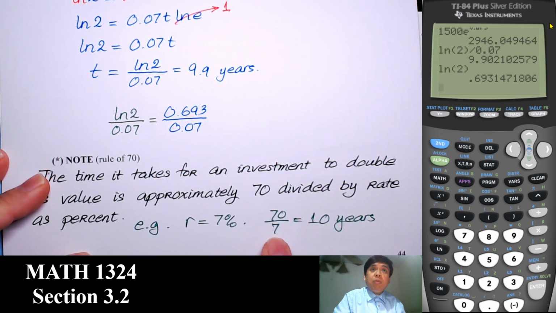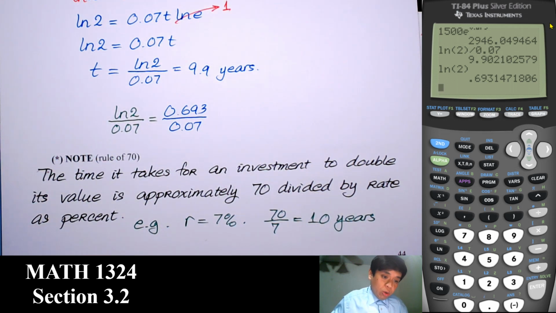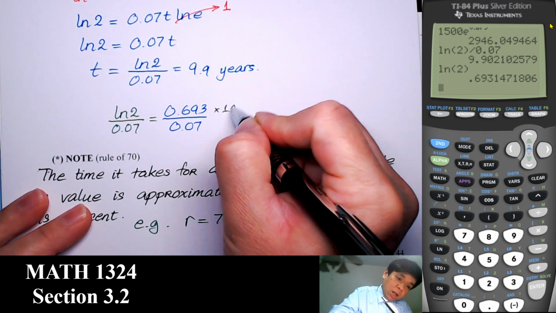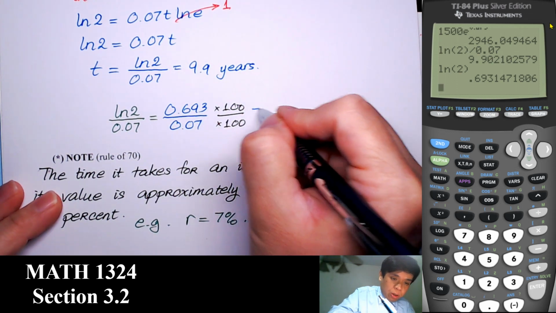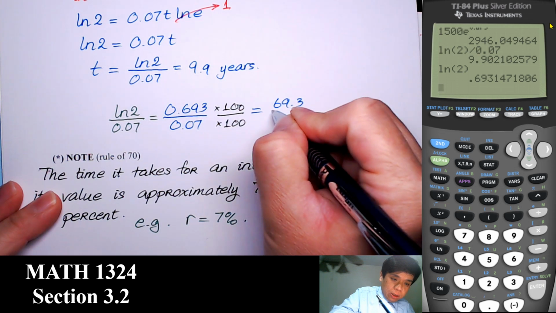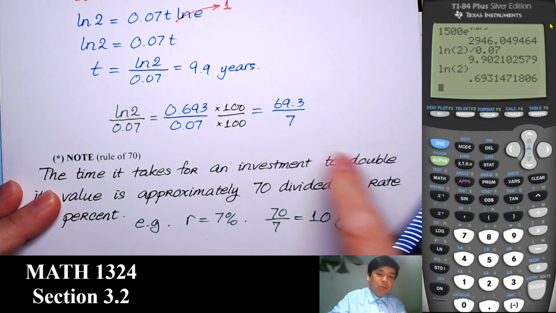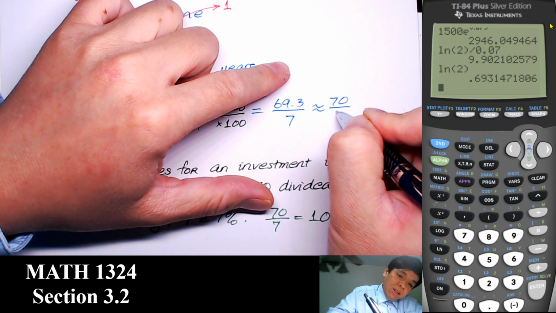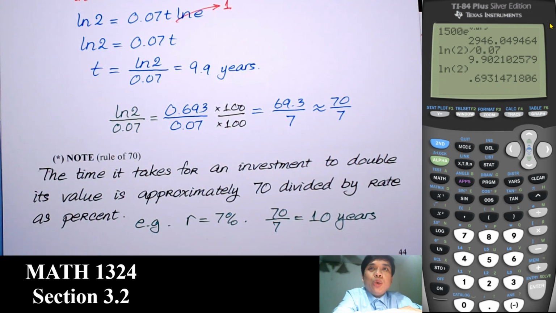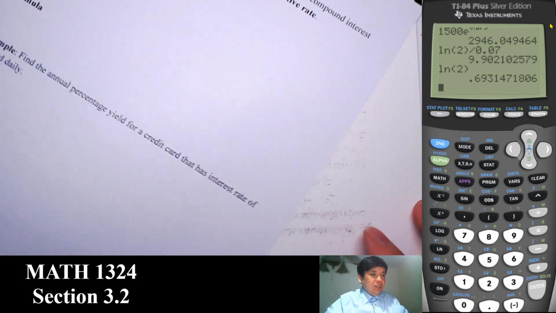Now notice we divide by 7, not 0.07. So we can multiply by 100 top and bottom. So you have 69.3 over 7. So this is approximately equal to 70 over 7. Then of course we should say that is the rule of 69.3. But it doesn't have a nice ring to it. So I said round that to 70. Therefore we have the rule of 70.